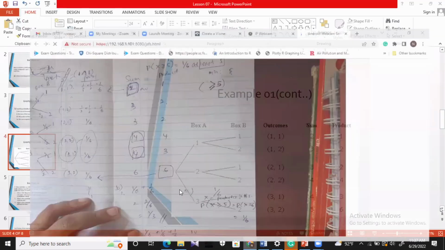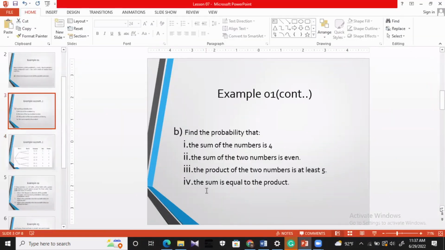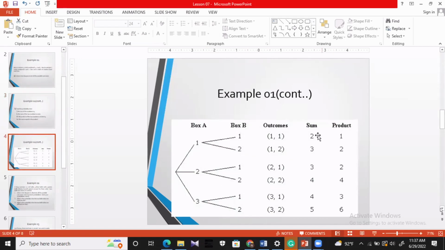It asks to find when the sum is equal to the product. The sum is equal to the product. You can see that the sum is 2, product is 1, they are not equal. Sum is 3, product is 2, not equal. Here also not equal, but here the sum is 4 and the product is also 4. They are the same, no?